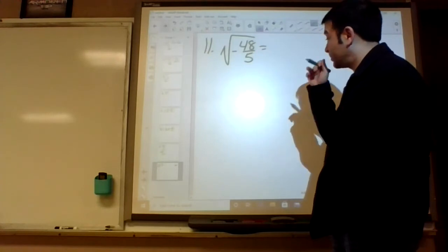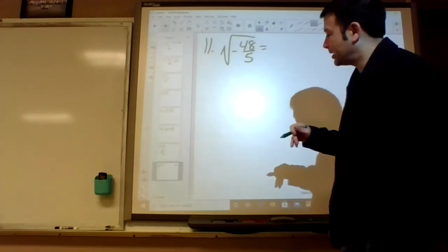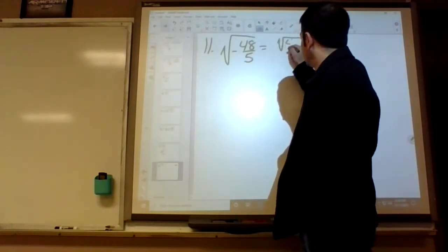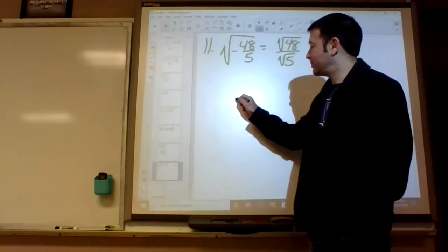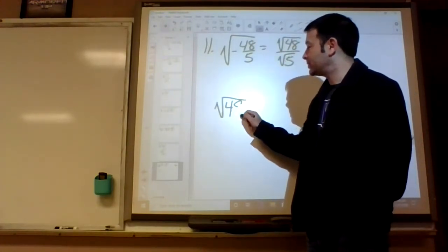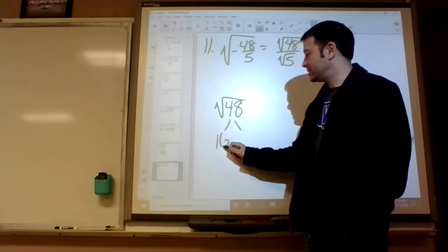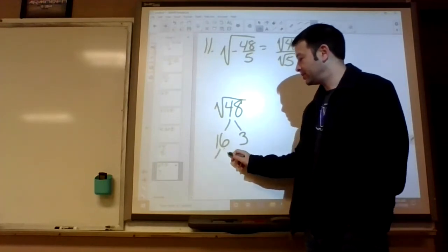We got all kinds of problems on this one. Okay, I'm going to start. So remember, this is square root of 48 over square root of 5. I'm going to start by simplifying square root of 48. 48 is 16 times 3, 2 times 24, either way.